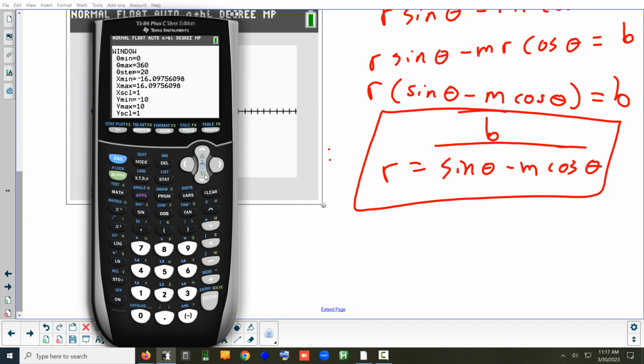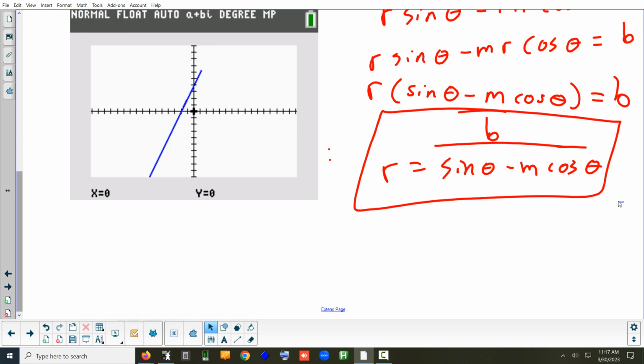Well, let's change that first. Let's step by 1. And you'll notice when it draws it, it starts drawing one way, drawing down, and then it goes back up. That's the way polar works. But there's your line with a slope of 2 and a y-intercept of 4. So very complicated to draw a line in polar, relatively, compared to y equals mx plus b.